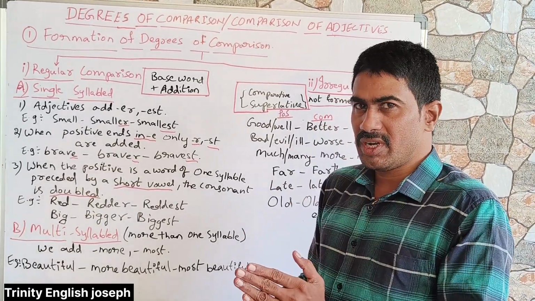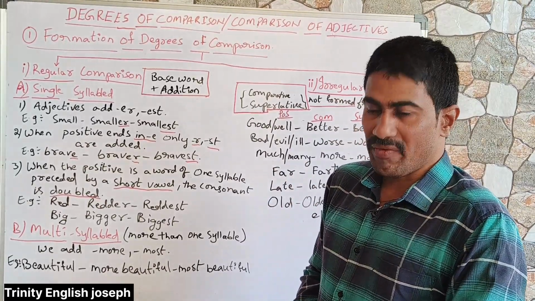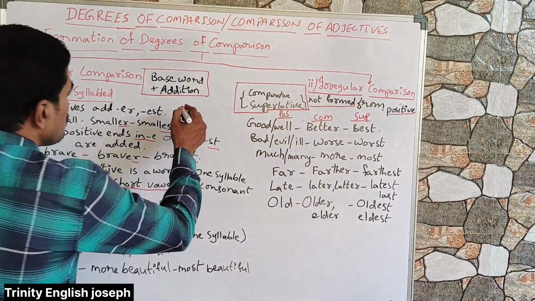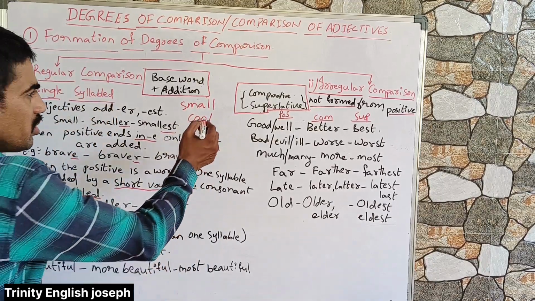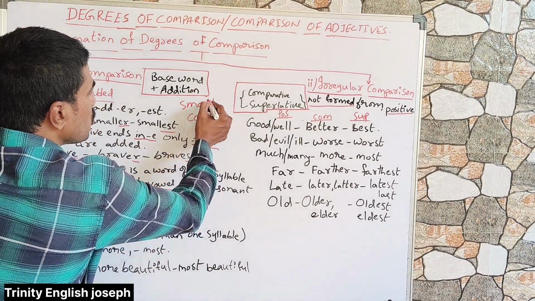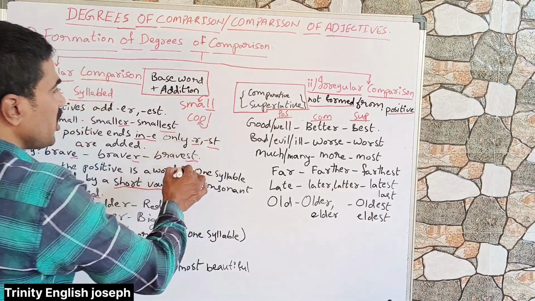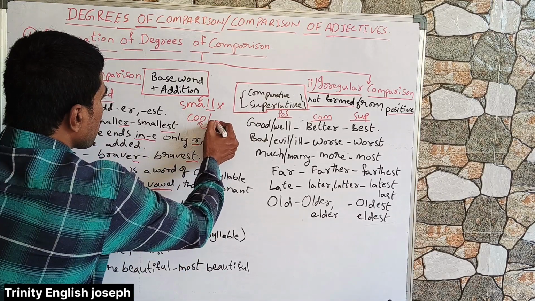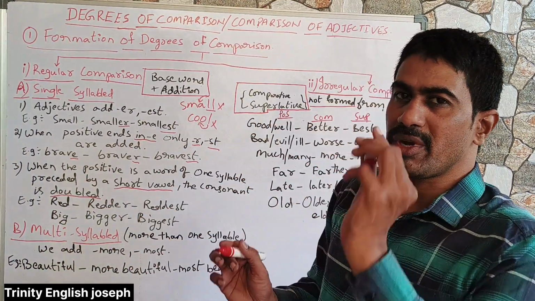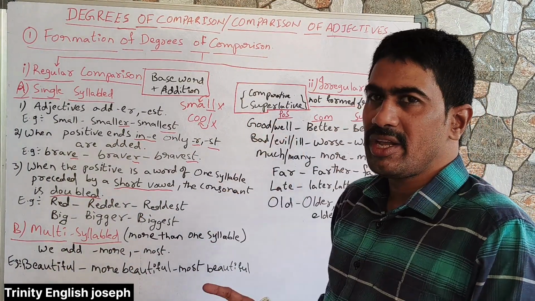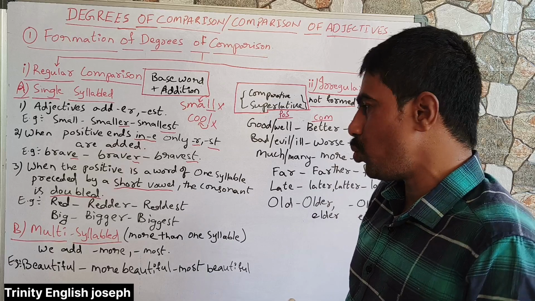Let me take two words: small and school. Small ends with two consonants preceded by a single vowel. School has a single consonant preceded by two vowels. In either of the cases, the rule is not applicable. There should be a single consonant preceded by a single vowel. Only then is the rule applicable, not only in adjectives, even in verbs and even nouns too.